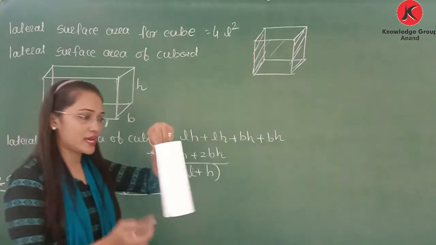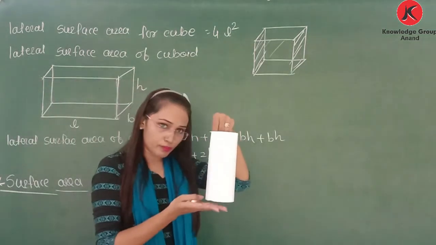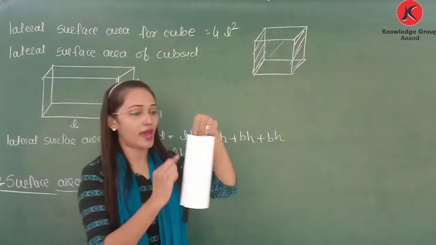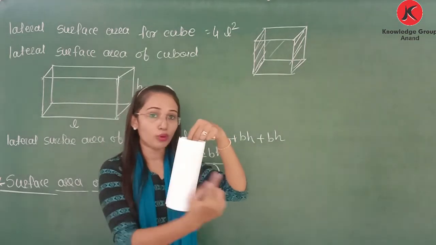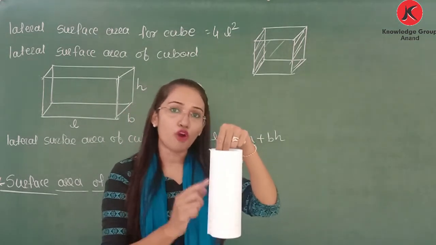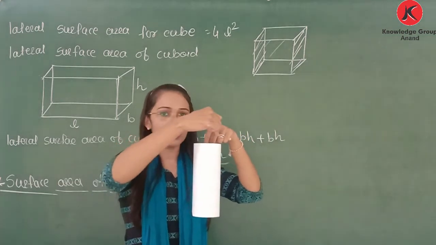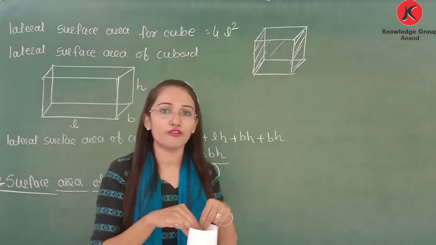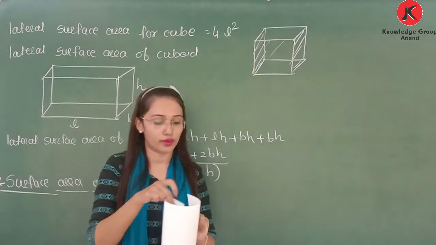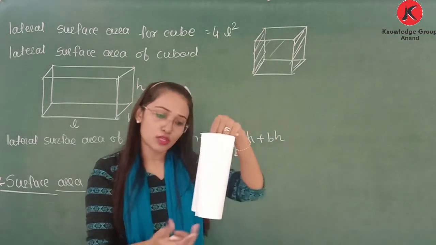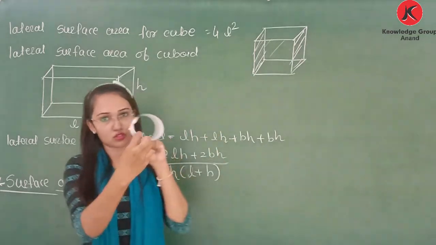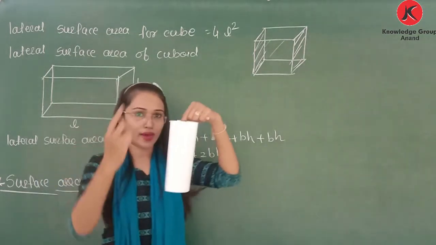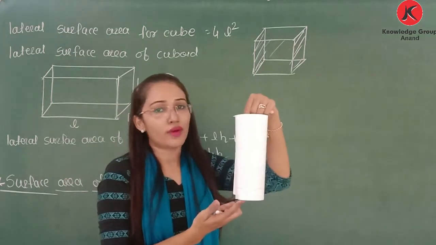It is the top side, which is circular, the bottom side, which is also circular, and this area. How can we find this area? For that we need to find the surface area of the front, that is a circle, and we know the area of a circle is pi r square. Same, the bottom is also pi r square because it is also a circle. So we have pi r square at the top and pi r square at the bottom.